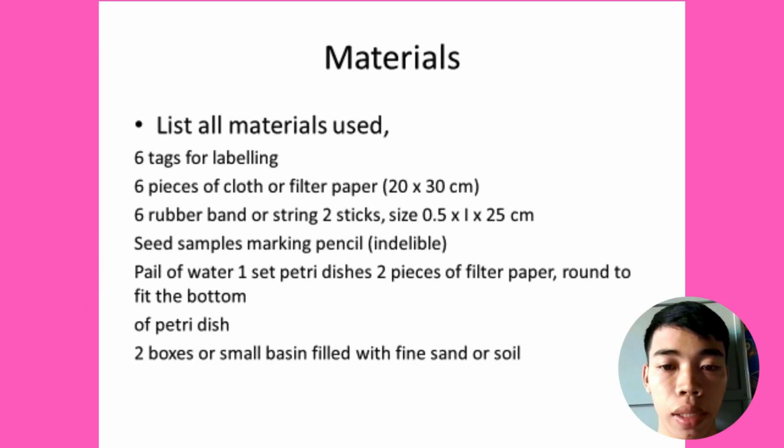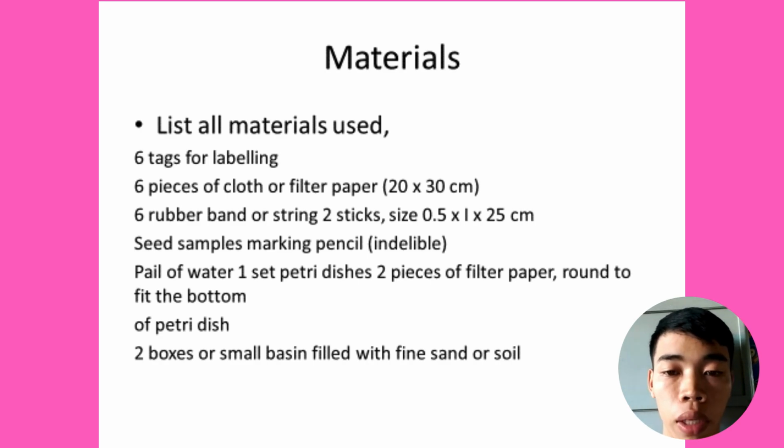In this slide, let's talk about the materials that we need for seed germination testing. We have here a list of materials needed for this activity. We need 6 tags for labeling, 6 pieces of cloth or filter paper with a size of 20 by 30 centimeters, 6 rubber bands or strings, 2 sticks with a size of 0.5 by 1 by 25 centimeters.